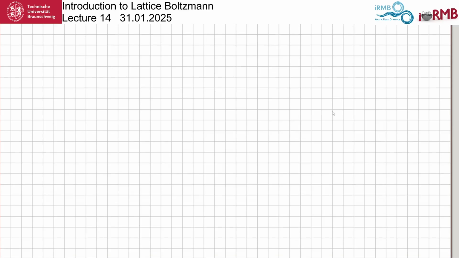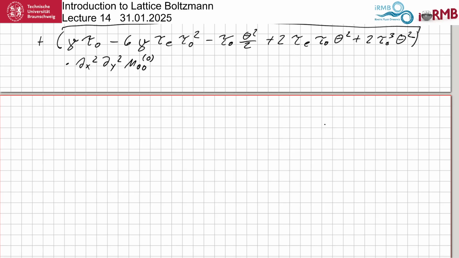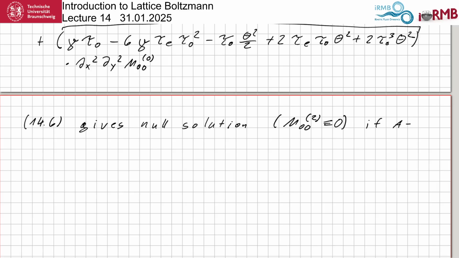And then we recognize that this equation 14.6 gives a null solution, meaning the solution to this disappears. So null solution means specifically this to 2nd order is always 0, if A is equal to 0 and B is equal to 0, because then this equation does not have any source term.